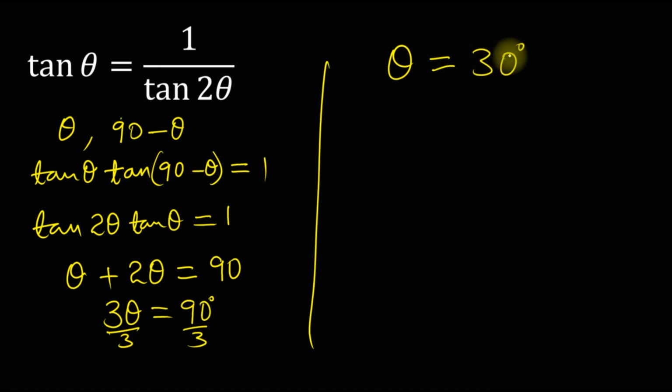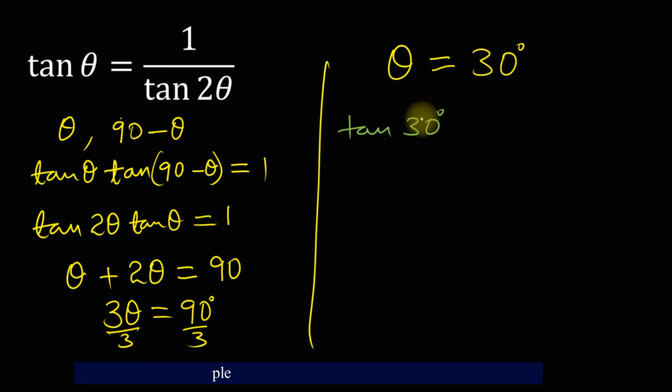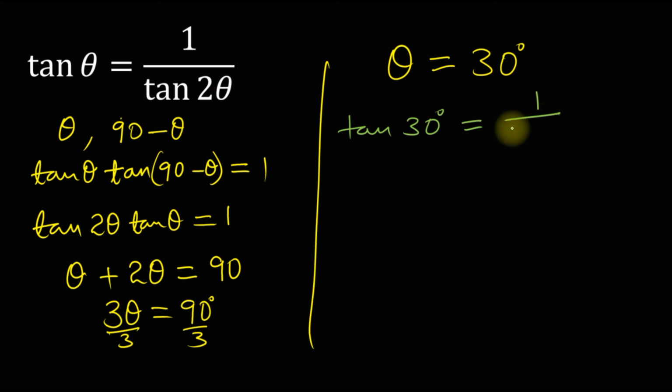That is it. We can actually try to prove it, that tan theta is tan 30 degrees, which will be equal to 1 over tan of 2 times 30, which is 60.